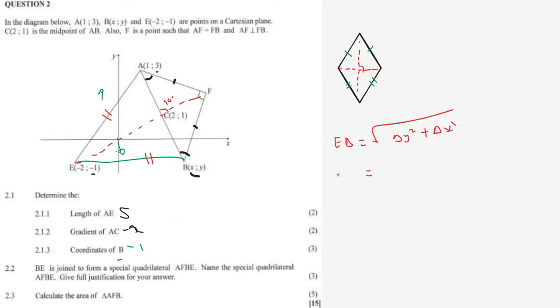The change in y's, the y here is negative 1, and the one here, we said it's negative 1, 2. Negative 1, we got that. Then there is no change, isn't it? Yes, there is no change. So it's simple, minus 1 plus 1 all squared.